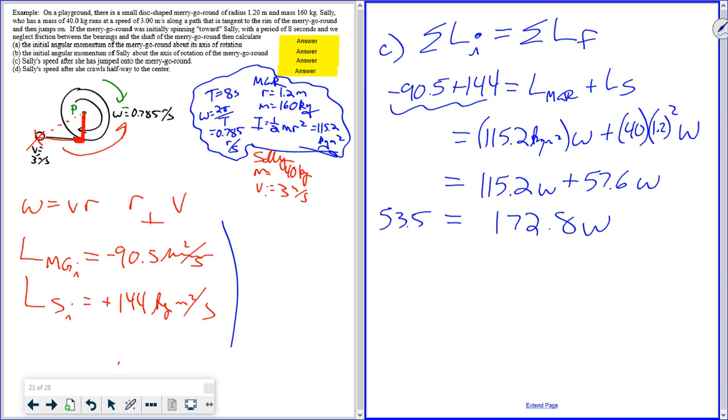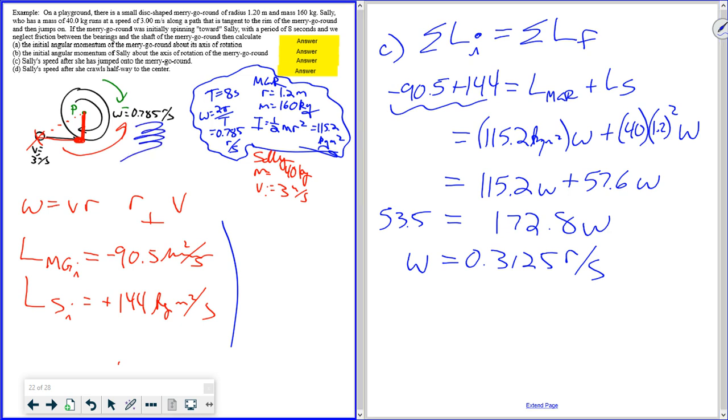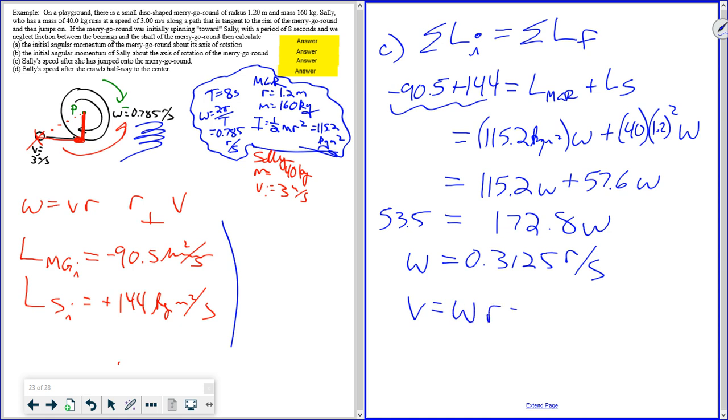So anyway, if you divide this, your angular velocity after the collision is 0.3125 radians per second. Notice it slowed down just like we thought it would, right? And so then her velocity is, well, we got to use v equals r omega, right? So 0.3125 times her radius, which is 1.2. And so that gives you 0.375 meters per second, right?